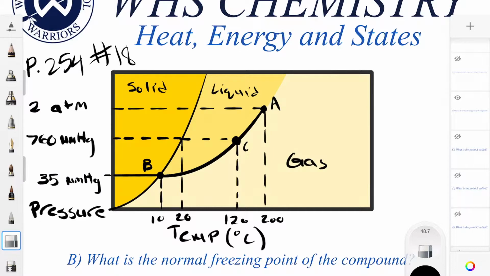So standard pressure is either 1 atm or 760 millimeters of mercury. And in this graph, 760 mmHg is depicted here about towards the halfway point. And now we just have to trace it across at the boundary between the solid region and the liquid region. So we see here that temperature where the boundary is at 20 degrees Celsius.